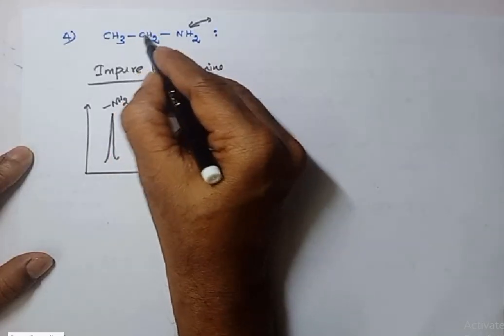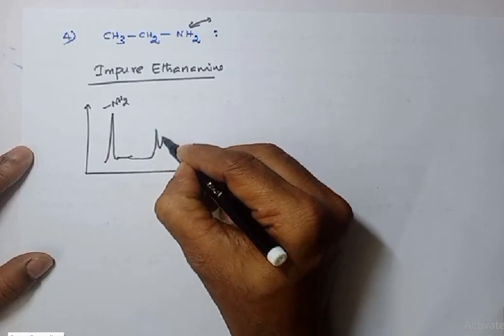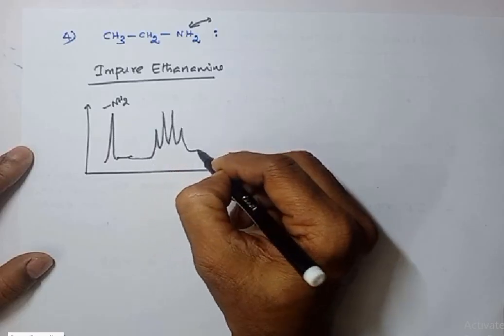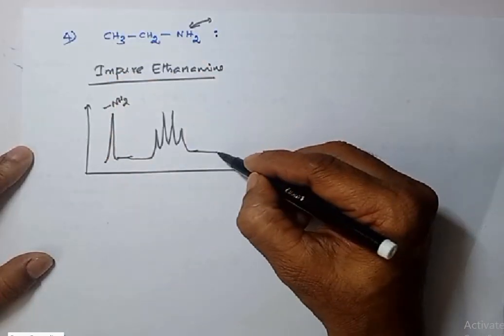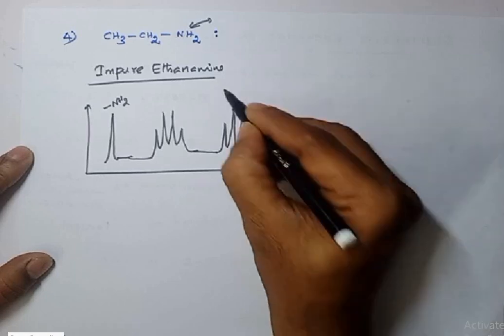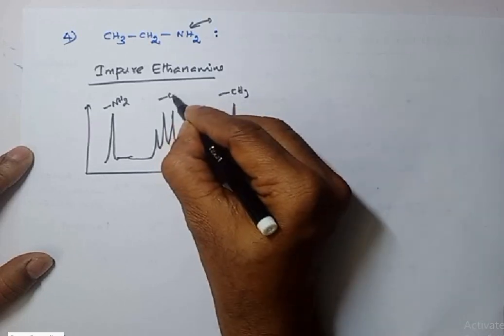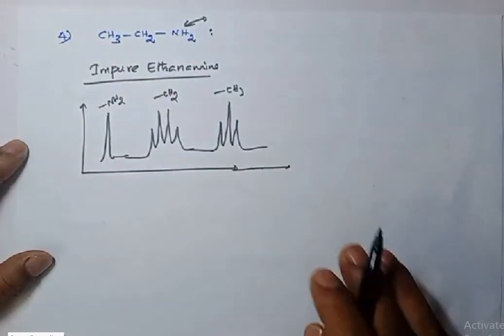Then the CH2 proton is coupled by the methyl group into a quartet: 1, 2, 3, 4. Then the methyl proton is split by CH2 into a triplet: 1, 2, 3. The signal appears like this for the methyl proton, and this signal is for the CH2 proton. This is impure ethanamine or ethylamine.